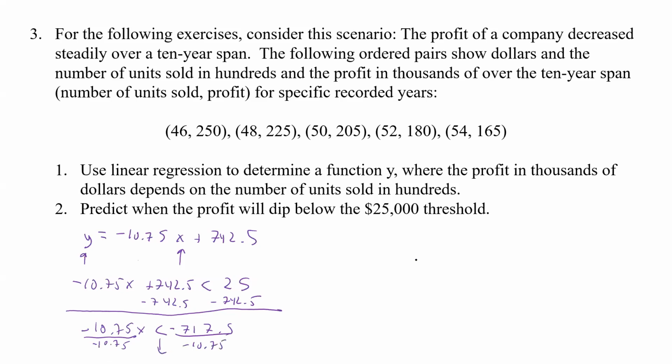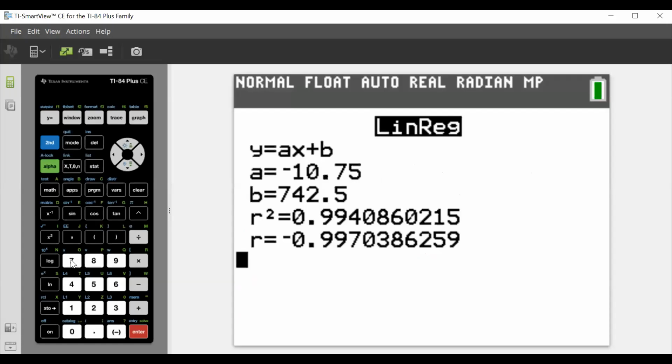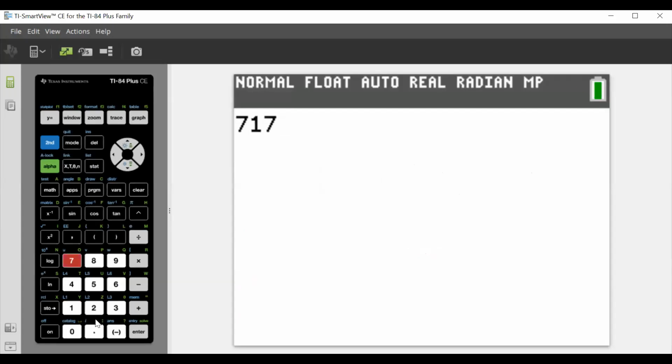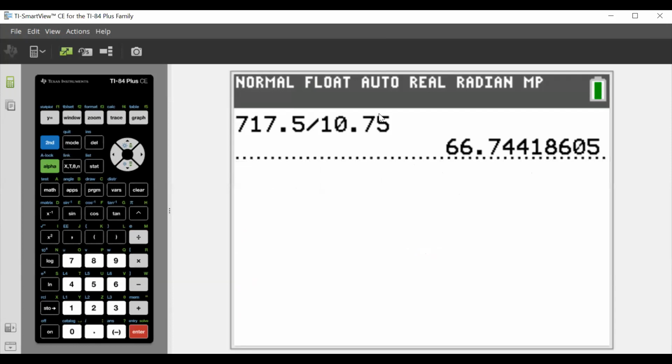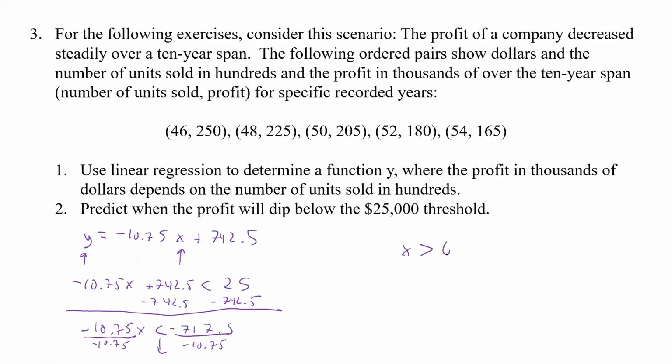Remember, that changes the inequality, so x is now greater than, and we have to plug this into our calculator because I can't do that one in my head. That's 717.5 divided by 10.75, and we get 66.744. So x is greater than 66.74.